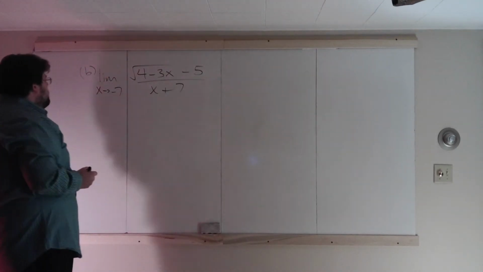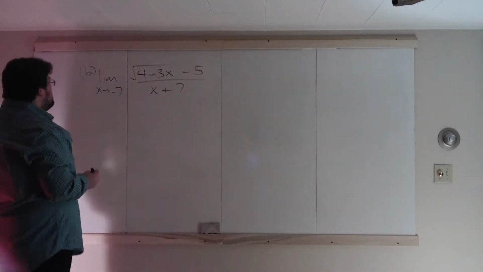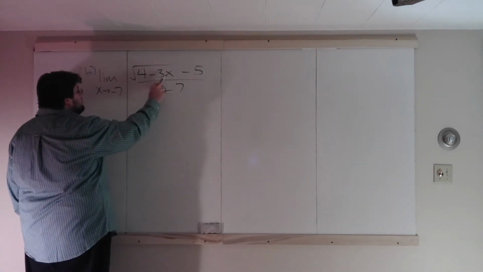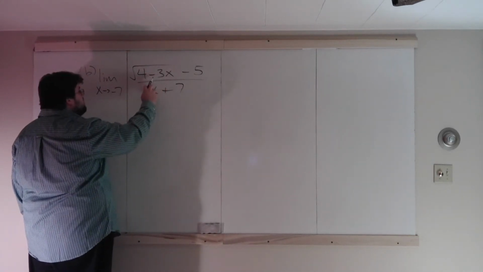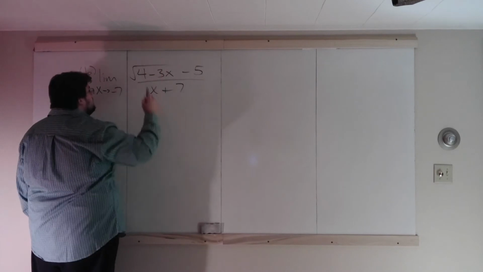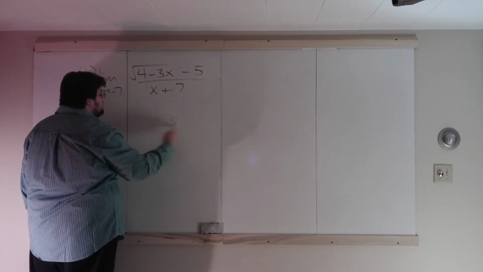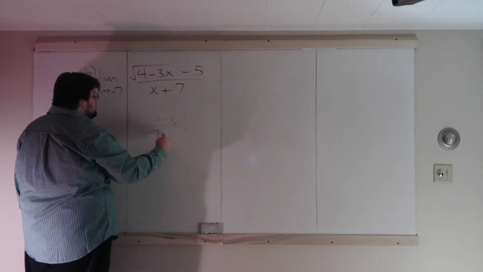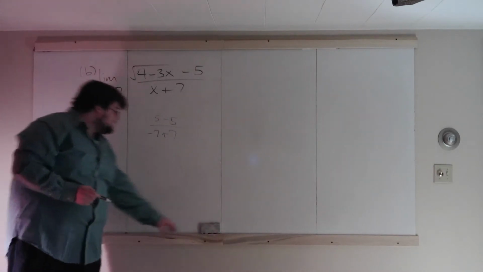Now again, we hope we can substitute. You substitute negative 7, you get root 4 plus 21. 4 plus 21 is 25. Square root of 25 is 5. Minus 5. So you get 0 in the top, and in the bottom, negative 7 plus 7 also makes 0.